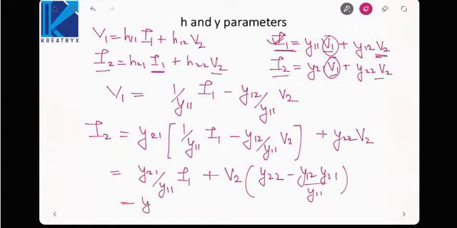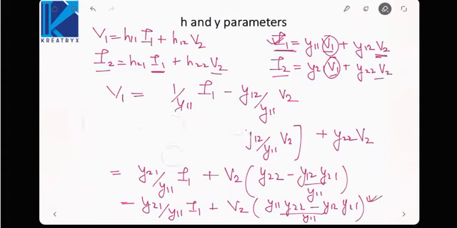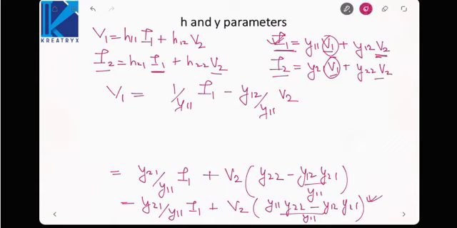If you take the LCM, Y11 Y22 minus Y12 Y21 by Y11. Now, as you can see, this term is actually the determinant of the Y matrix. So, what I can say is I2 is Y21 by Y11 I1 plus delta Y by Y11 V2.